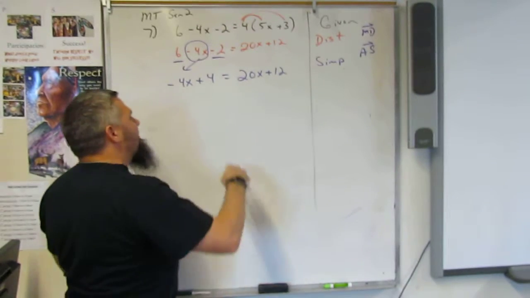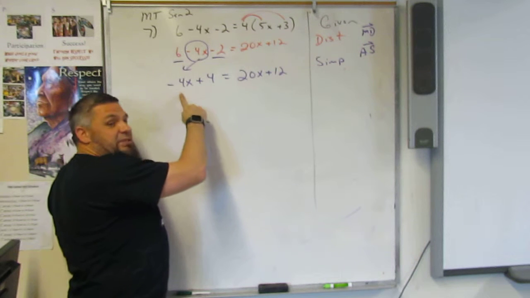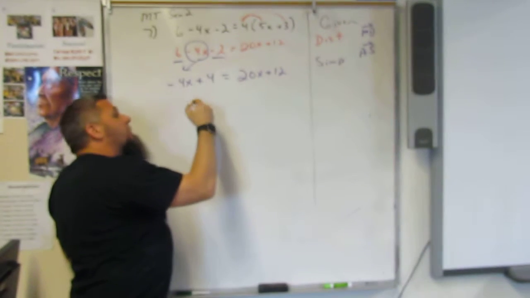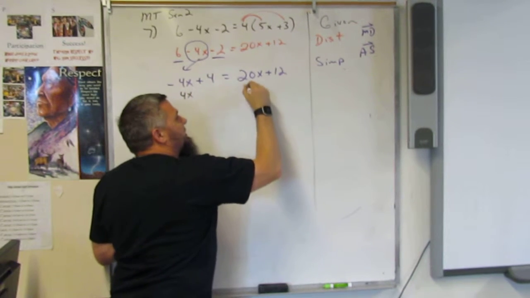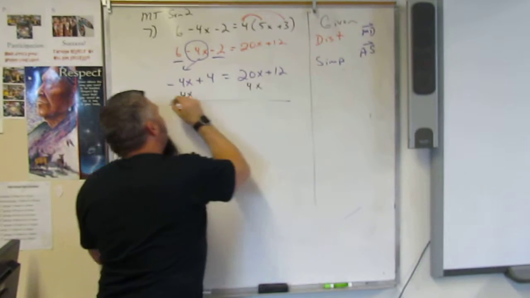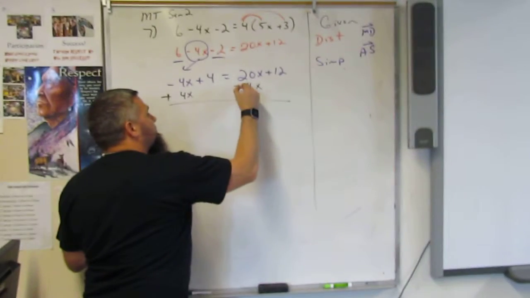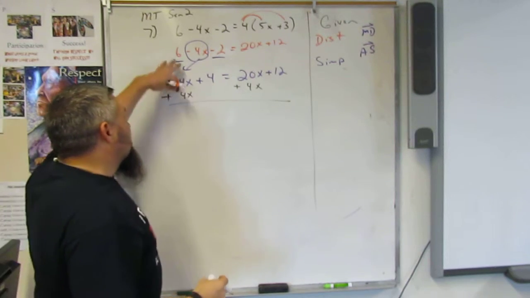Because if I add the lowest x, which is negative 4, I always add the opposite. Then I'm going to be adding 4. And what I do to one side, I do to the other. And I'm adding the 4x to both sides, right? And so this goes away.